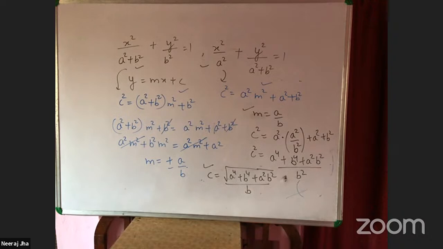y is equal to mx plus c. There will be more possibilities. If you take c negative, then that can also be a possibility. And if you take m as negative, that is also a possibility.